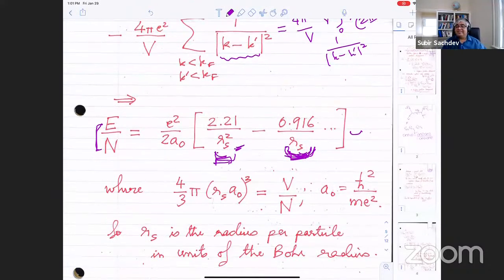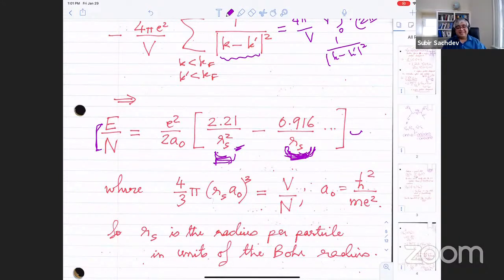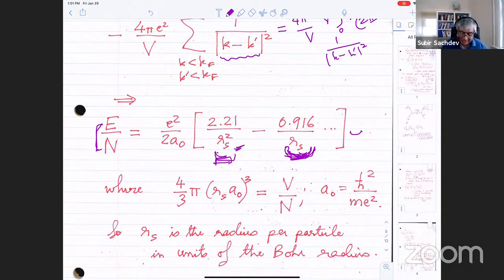Any questions? Yeah, I have a question about how this energy is computed by experimentalists. Well, first of all, experimentalists measure things, but these days they also compute things. This is just one term in the total energy.